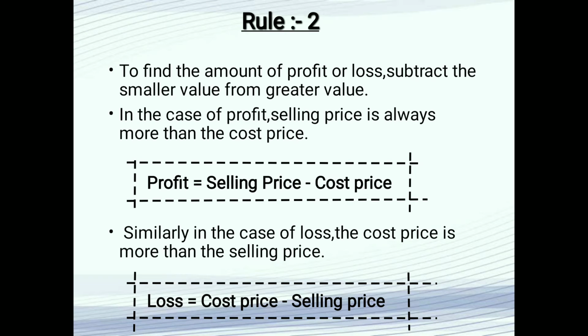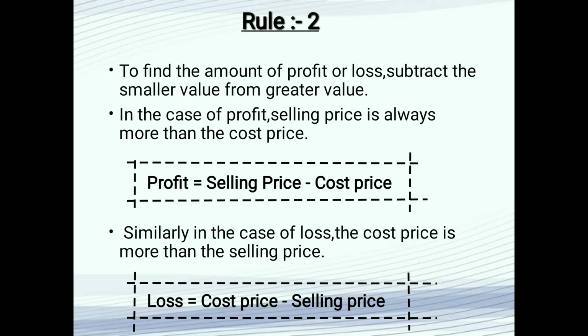Rule number 2. To find the amount of a profit or loss, subtract the smaller value from the greater value. In the case of profit, the selling price is always more than the cost price. So we can write the formula: profit equals selling price minus cost price. Similarly, in the case of loss, the cost price is more than the selling price.